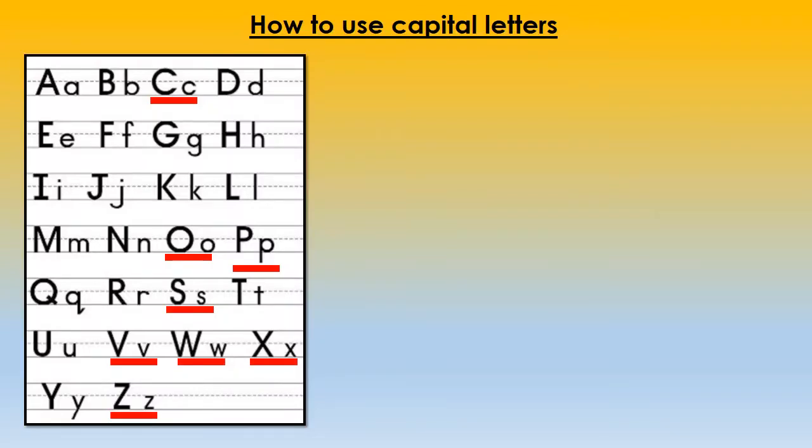Letter C, letter O, letter P, letter S, letter V, letter W, letter X, and letter Z. These letters, both capital and small, are similar to each other, but they are different in size. So remember kids, when you write capitals of these letters, you must write capitals bigger than the small letter.